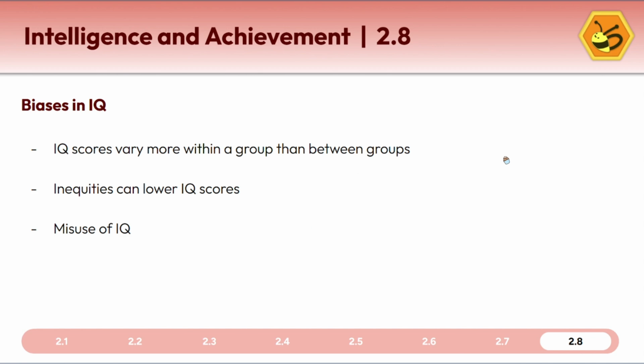Because of that, using IQ to limit someone's opportunities is misuse and unethical because there could be so many different kinds of biases and factors at play. Historically, the US has used IQ tests to limit people from taking certain jobs, getting promoted to certain military ranks, education, and immigration into the US.